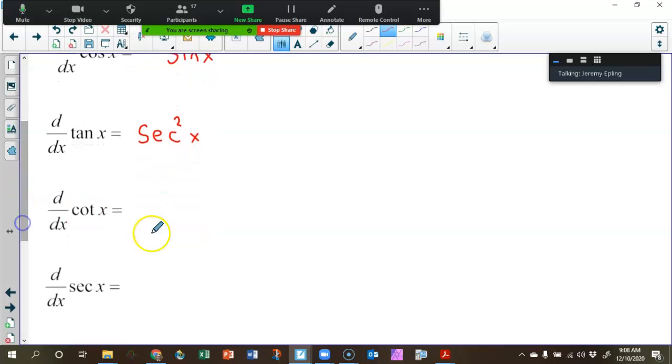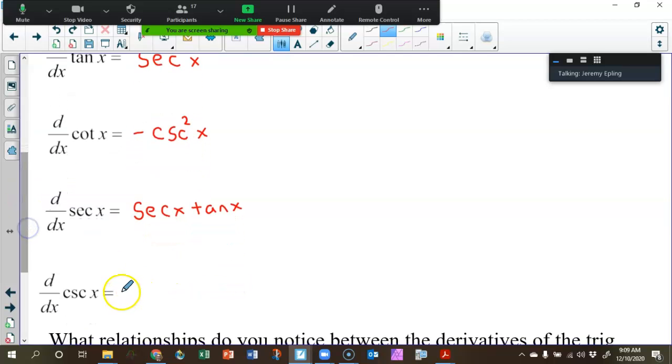The derivative of cotangent is negative cosecant squared x. We just did the derivative of secant, secant x tangent x. And you're going to find the derivative of cosecant, negative cosecant of x, cotangent of x.